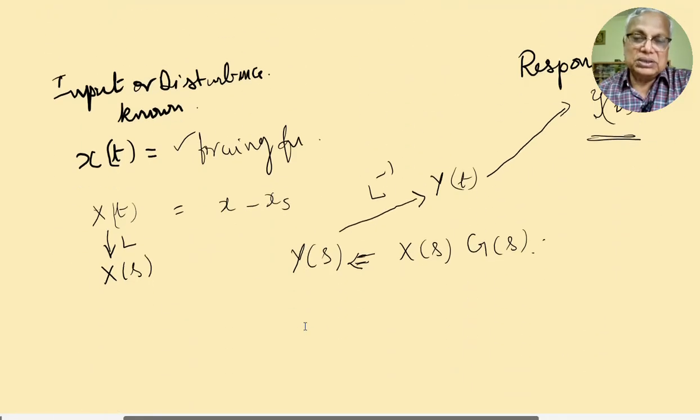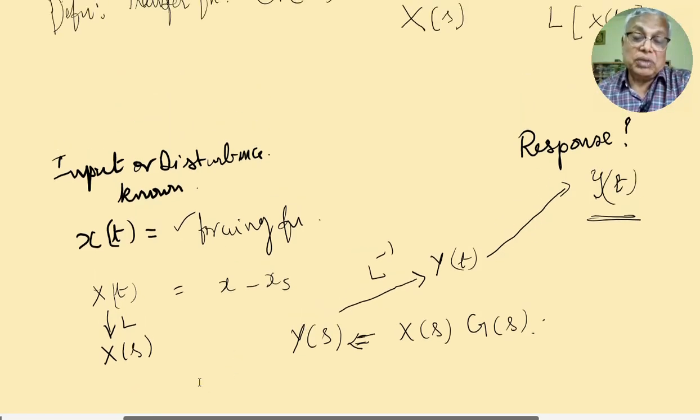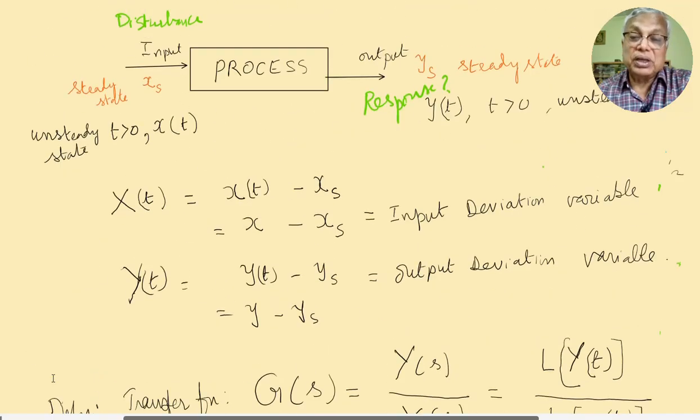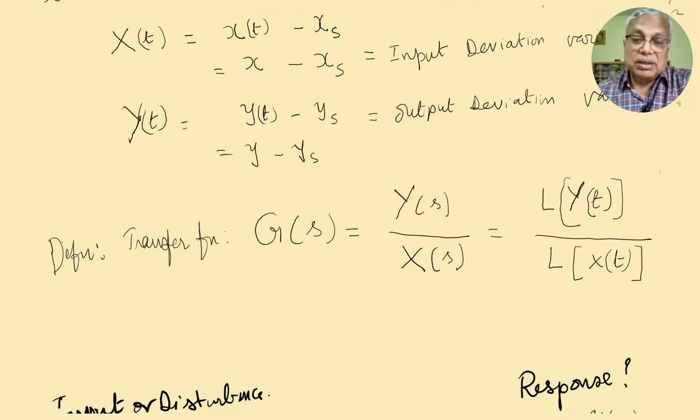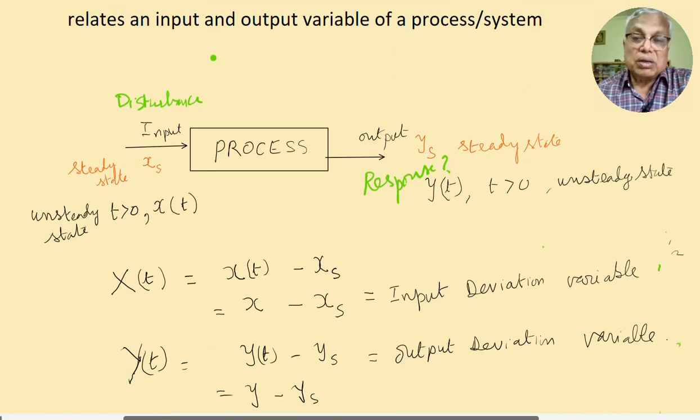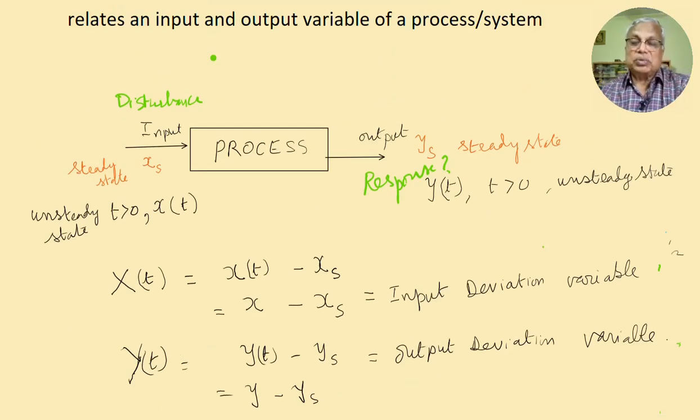So in the coming lectures, in your process control course, we will be doing this exercise. We will be finding the response of a process or a system for different types of inputs. And before that, we will be deriving the transfer functions of some of the processes.